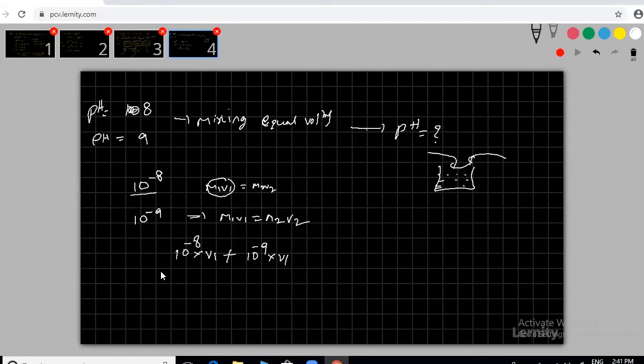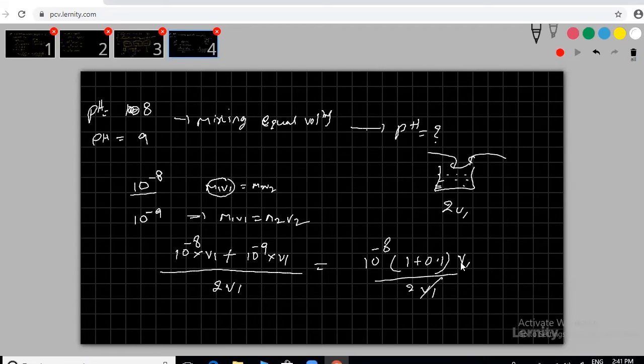Equal volume means the total becomes 2V1. So you can take 10 power minus 8 common, times 1 plus 0.1, into V1, and the 2V1 cancels. Then finally, not 1.1 alone, it is 10 power minus 8 into 1.1 by 2.